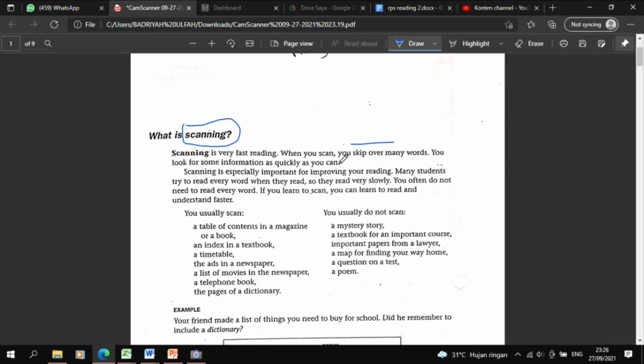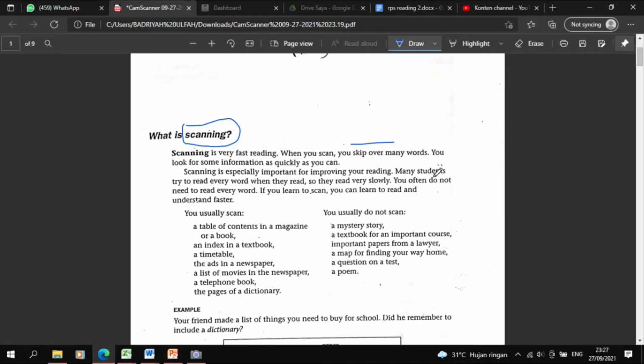So that's why we use scanning. You don't need to understand everything, but as long as you find the information, it's okay to skip the other words. That is why scanning is especially important for improving your reading.